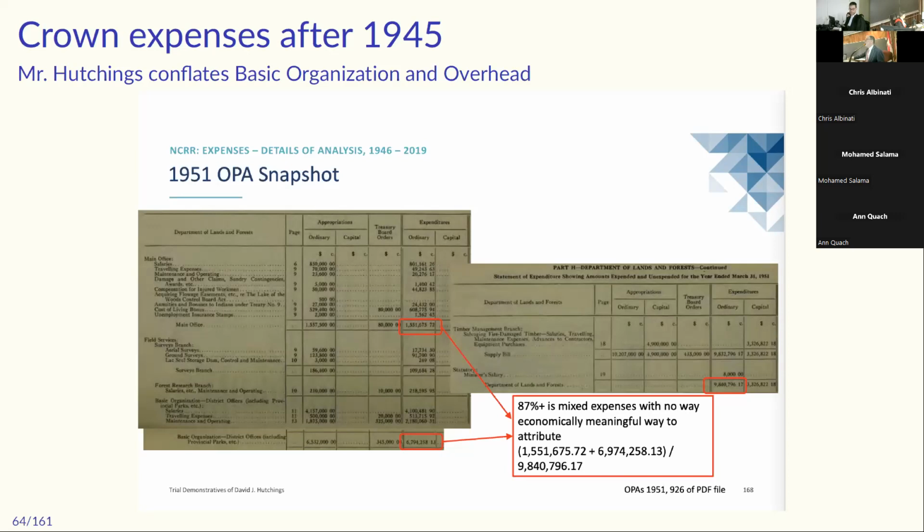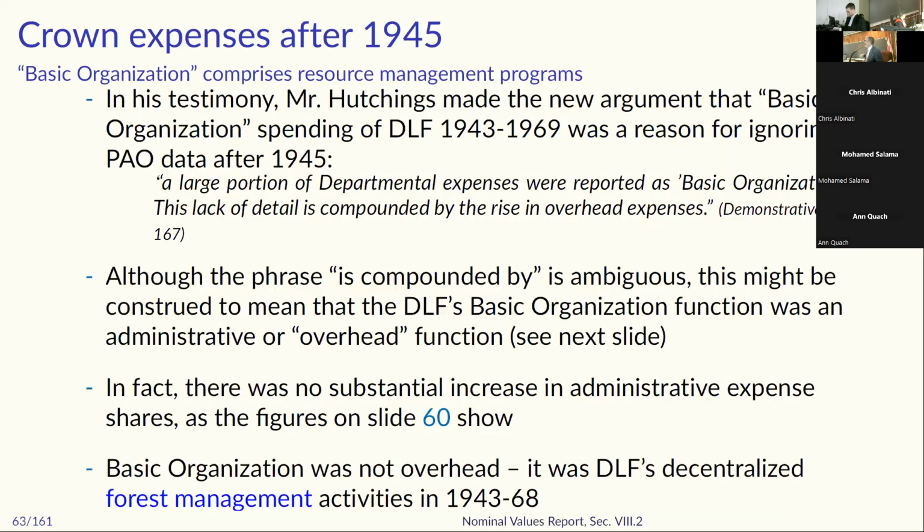Right, so let's return to slide 63. I don't believe that you have spoken to the third bullet on this slide. And this question is whether there was this rise in overhead around 1945 that would lead us to abandon the PAO.